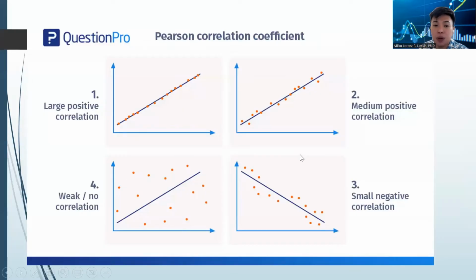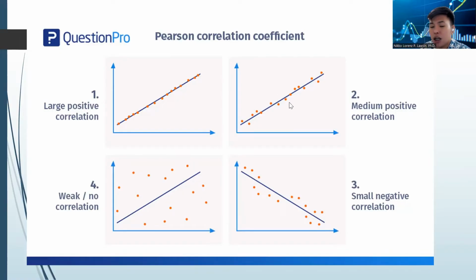This is how you will interpret the data if they are plotted using particular software. The four figures symbolize the Pearson correlation coefficient. Number one, you can see here a large positive correlation, because as X increases, Y also increases, and the graph can be plotted almost in a linear equation. Second, you have the medium positive correlation.